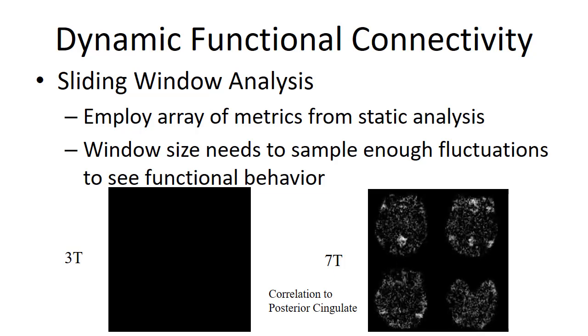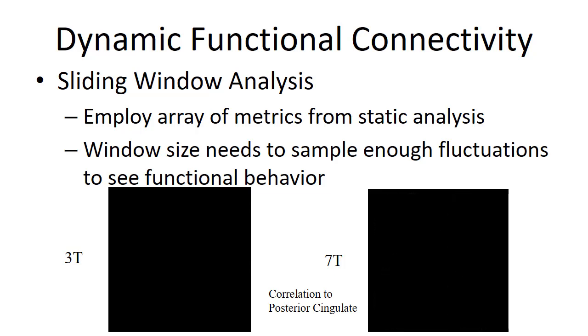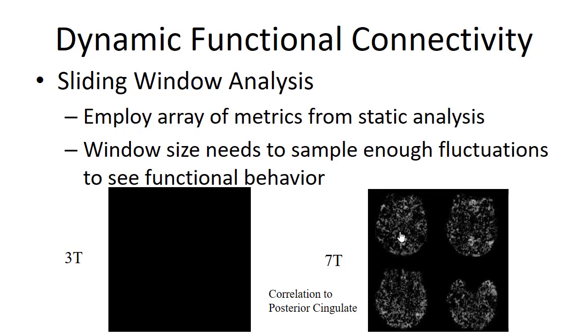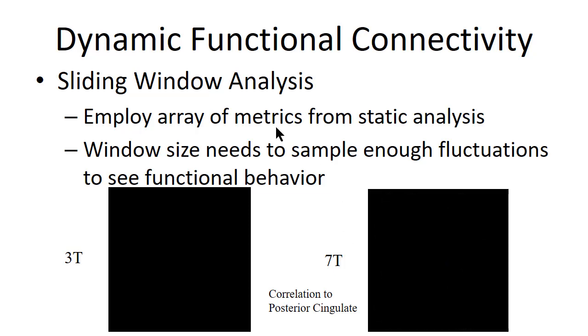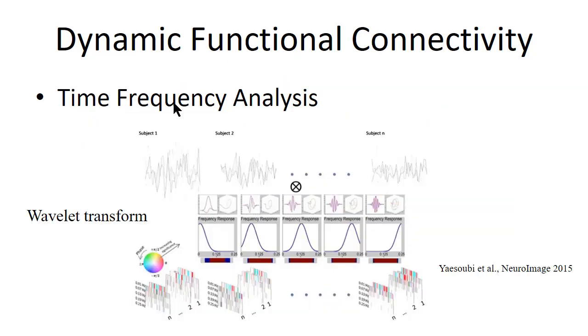Yeah. So this is a 7 Tesla data set, and this is just a grayscale correlation matrix of the correlation to the posterior cingulate. And what you see is there's a shifting pattern of correlations. This is what's called a sliding window analysis, which is one way that people do functional connectivity analysis.